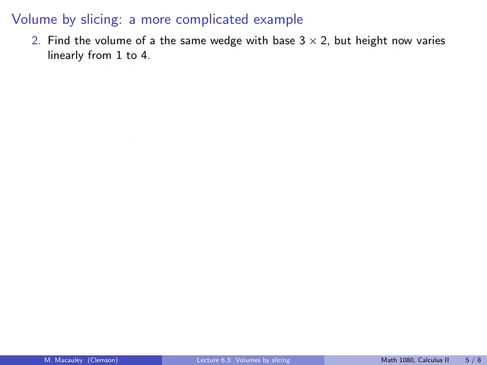Let's do a more complicated example now. Let's take this wedge of cheese, with the same base, but now suppose the height varies linearly from 1 to 4. So let me see if I can draw a picture of this.